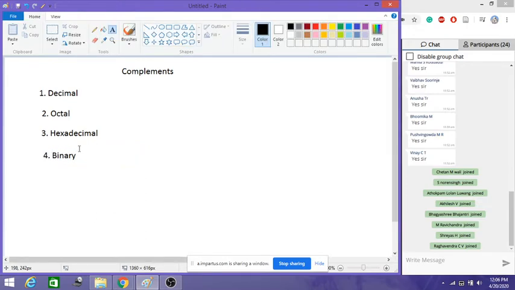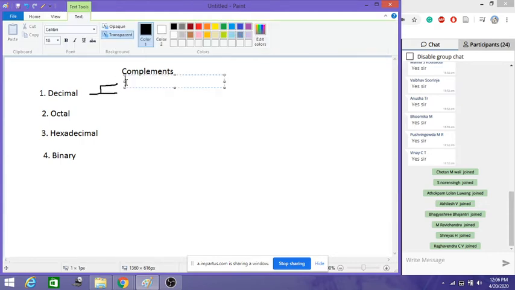In each of these cases there are 2 types of complements. In decimal, one is the tens complement, and the other is the nines complement.